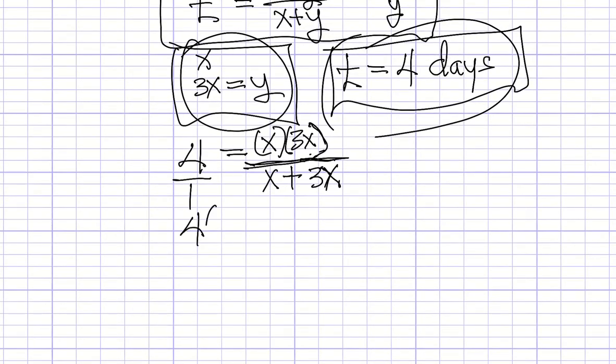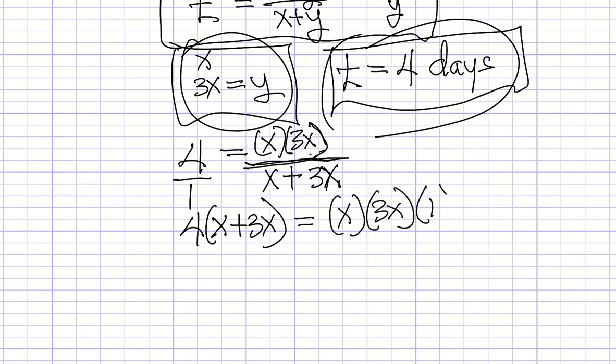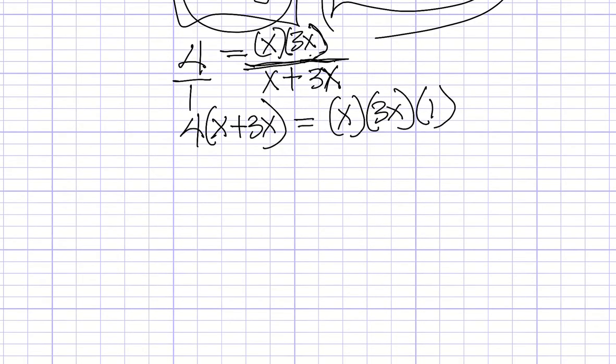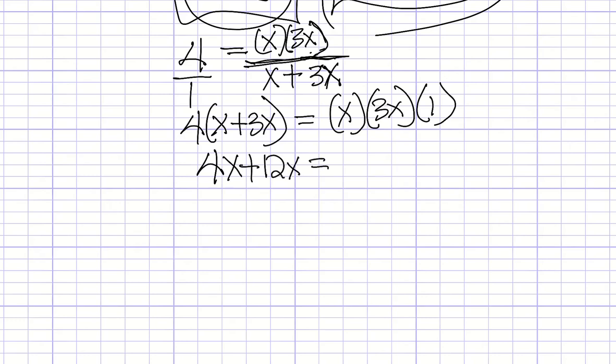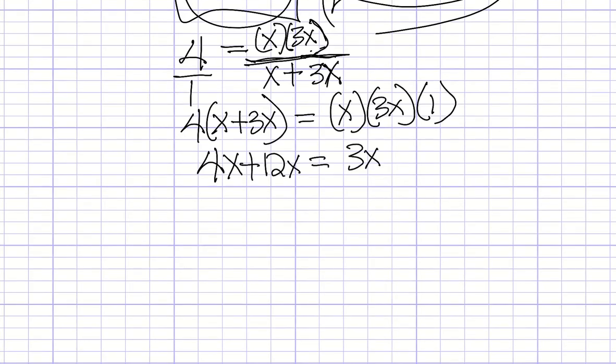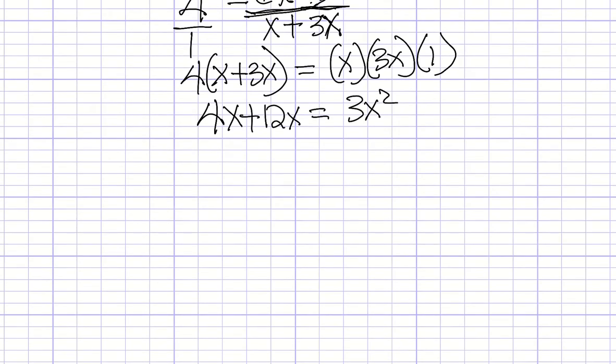Cross multiply: 4 times this quantity equals x times 3x times 1, so you multiply with 1. We simplify: 4x plus 12x equals 3x squared. You see that, right? The 1 disappears; 1 doesn't do anything. So let's keep simplifying. This is 16x equals 3x squared.